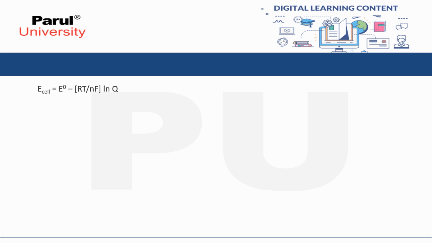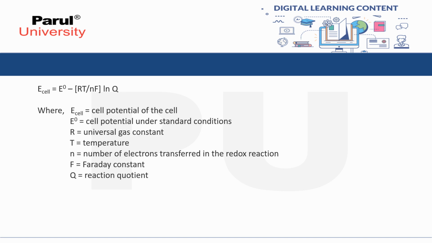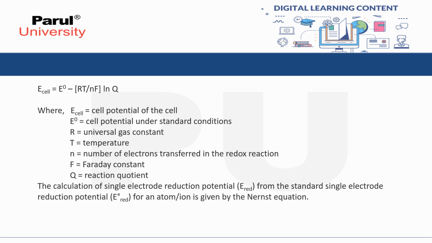EMF of the cell is equal to E0 minus RT upon nF into natural log of Q, where E of the cell is the cell potential of the cell, E0 is the cell potential under standard conditions, R is the universal gas constant, T is the temperature, n is the number of electrons transferred in the redox reaction, F is Faraday's constant, and Q is the reaction quotient.